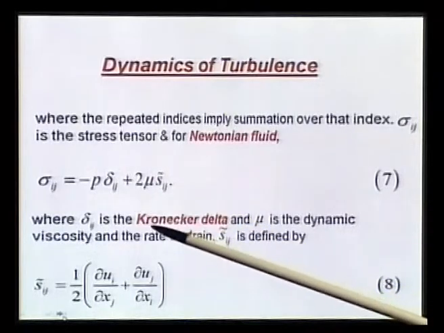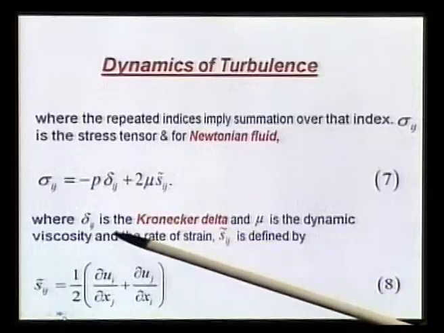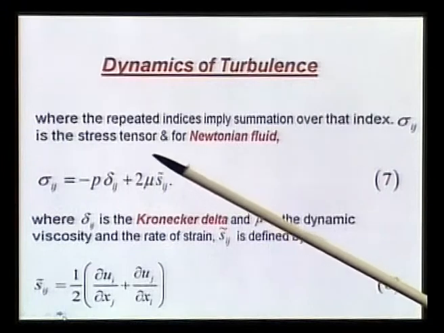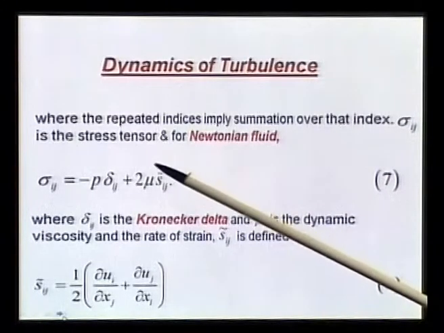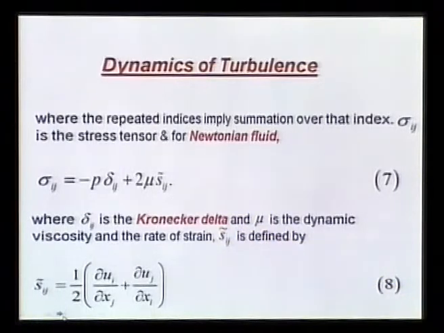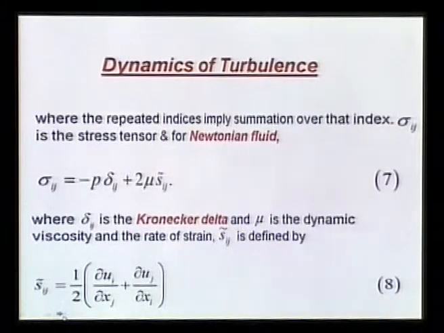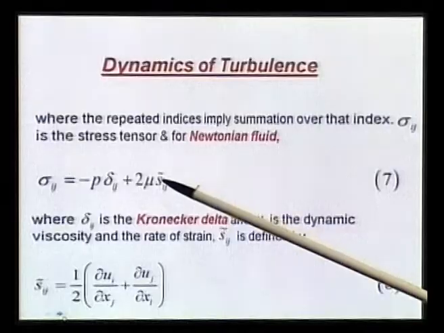One is when there is no fluid motion, given by the hydrostatic component, and the other is due to the motion, for a fluid which has specific characteristics originally suggested by Newton himself. Any fluid flow which satisfies this paradigm is called a Newtonian fluid.